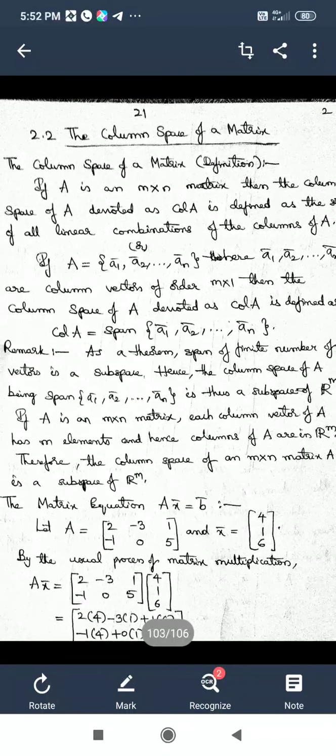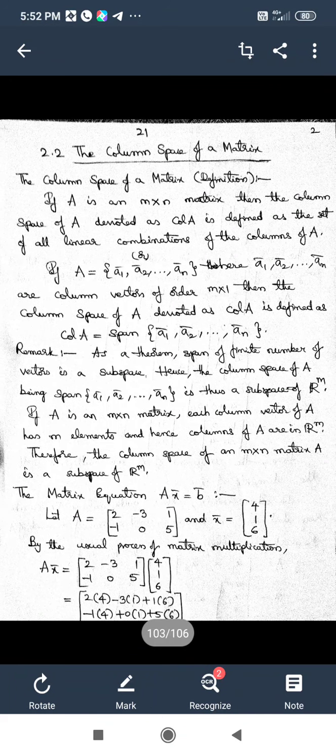The column space of a matrix is our topic today, which follows the earlier topic, the null space of a matrix. We have seen what a null space of a matrix is in the previous classes. Now it is the turn of the new concept, the column space of a matrix.